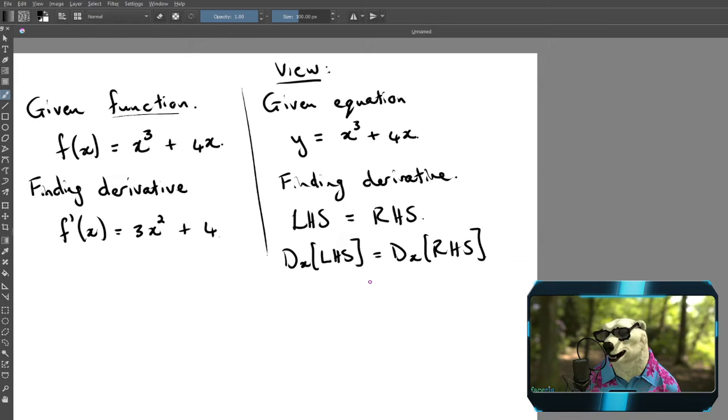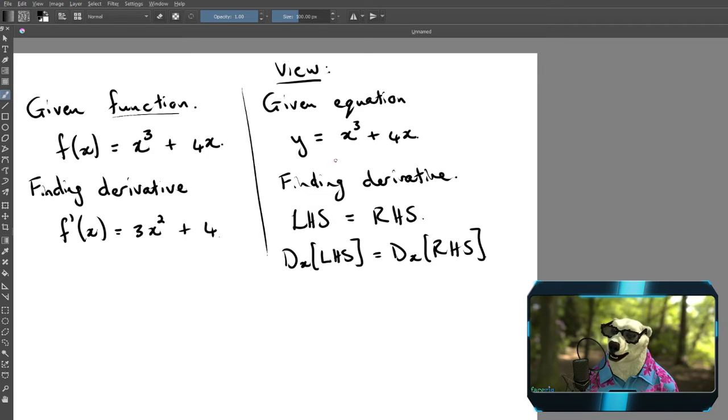So if I see it as an equation, I have two sides that equal each other. The right side has a lot of detail. It shows me exactly what is happening to x to get the result. The left side is a little bit more cryptic. It is just represented with a y.